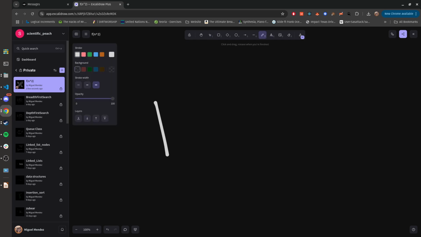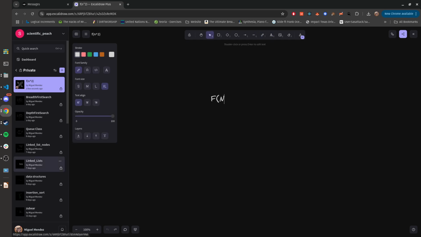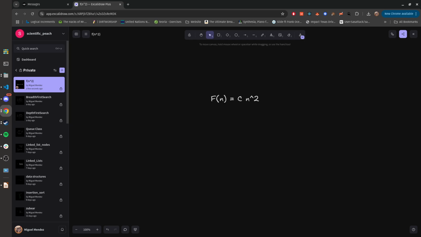So what it's asking for is f of n. I'll just type this out. F of n. And it's asking what value of c would show that this c function is bigger than the 16n squared function.